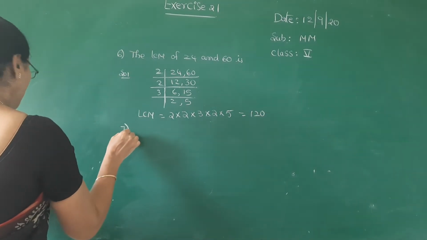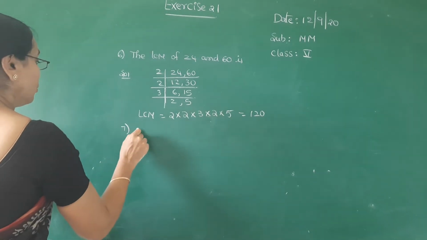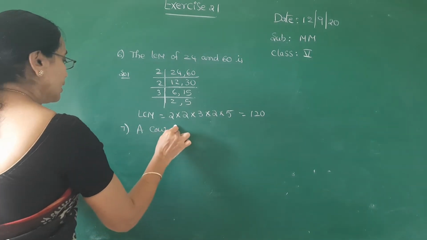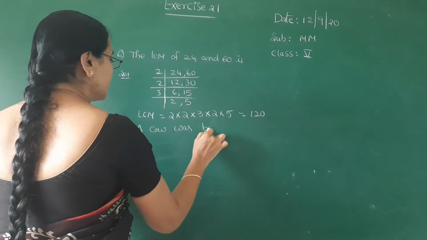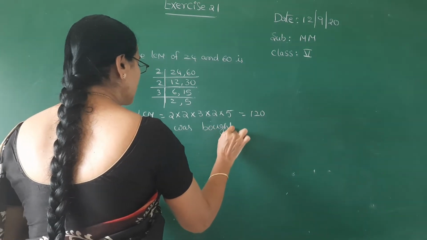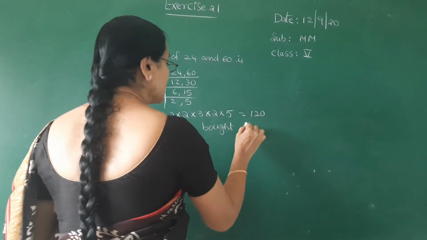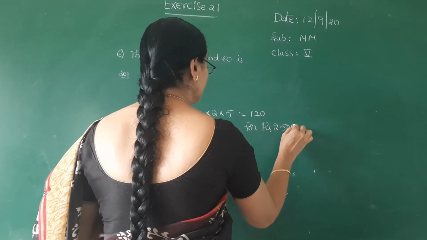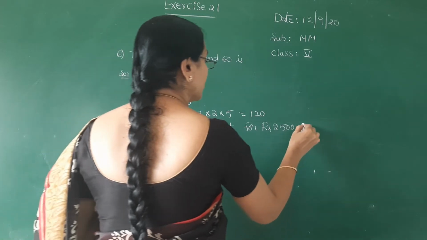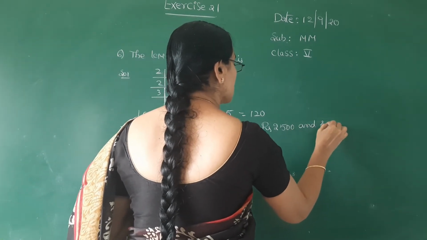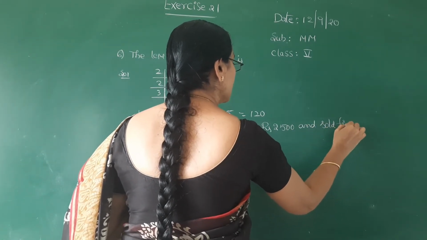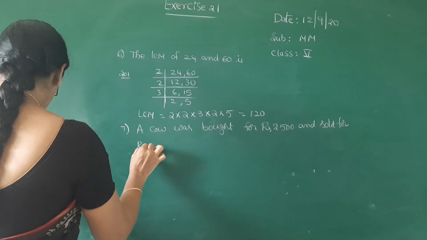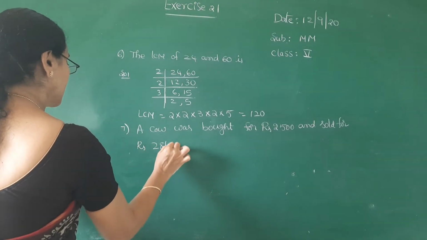See the seventh problem. A cow was bought for rupees 2500 and sold for rupees 2848.